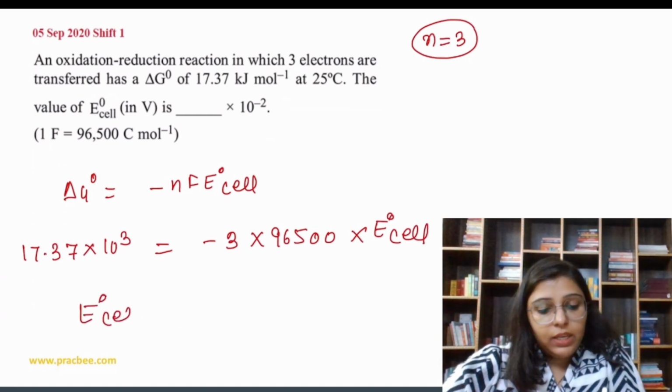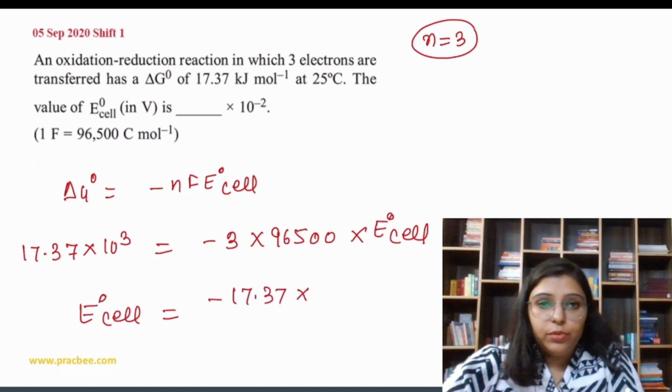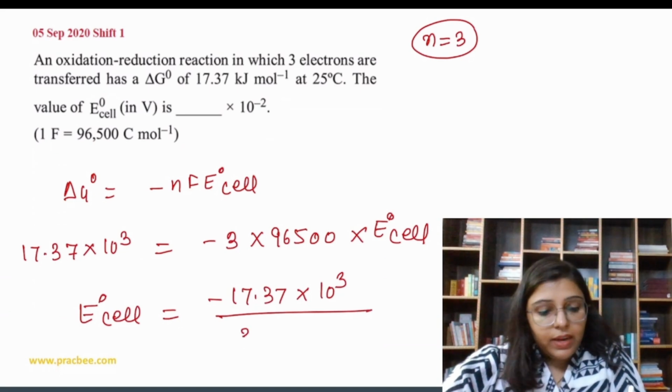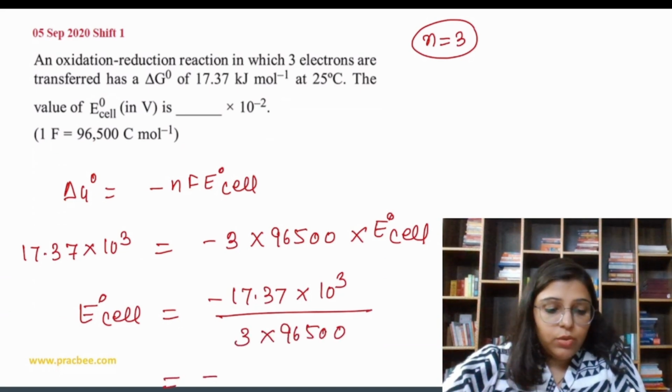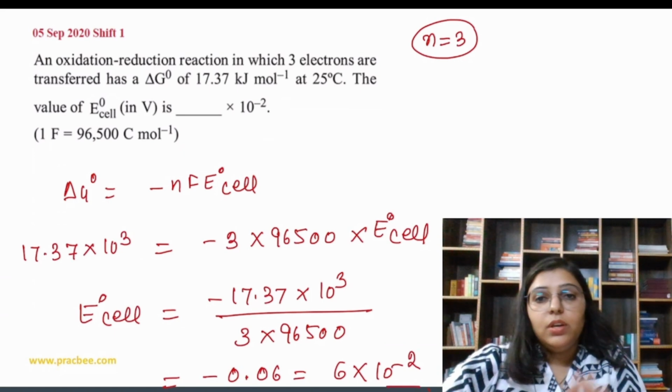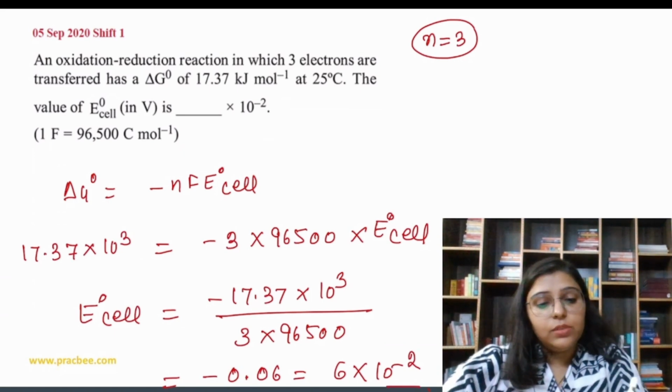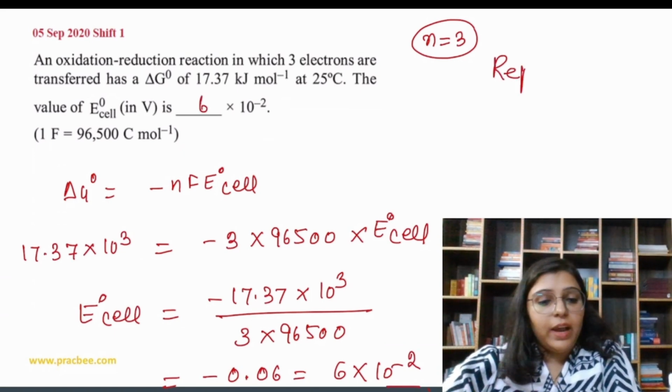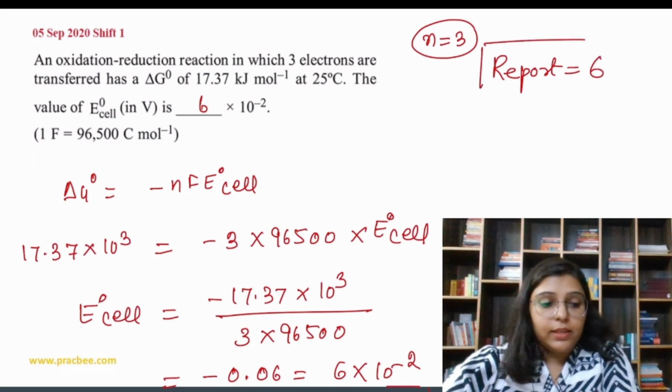So we get minus 17.37 into 10 to the power 3 divided by 3 into 96500. On solving you get minus 0.06, which we can write as 6 into 10 to the power minus 2, right? So the answer is going to be 6. You have to report the answer as 6.